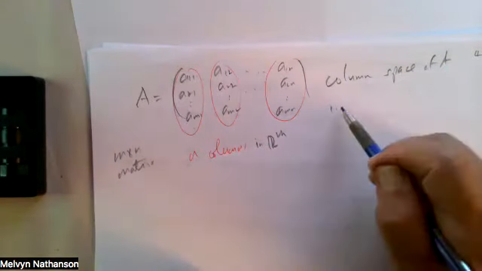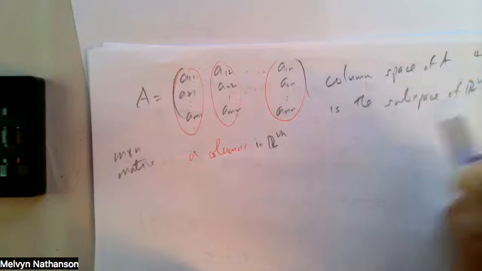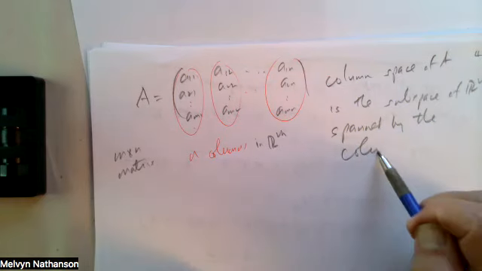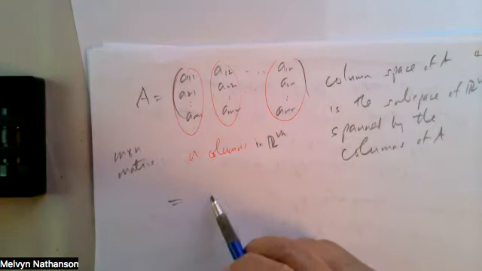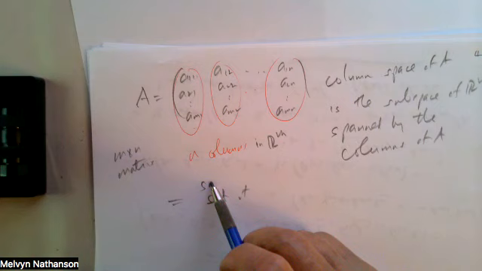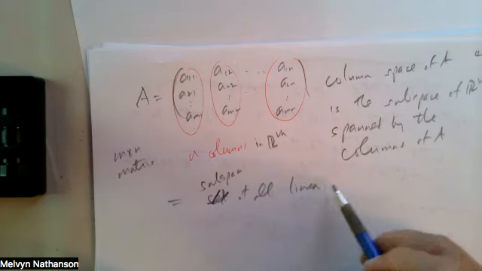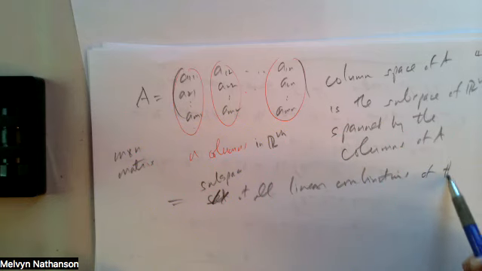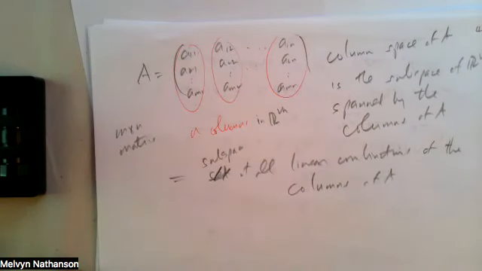The column space of A is the subspace of Rm spanned by the columns of A, which means the set of, or the subspace of all linear combinations of the columns of A. But how do you get a linear combination of the columns of A?